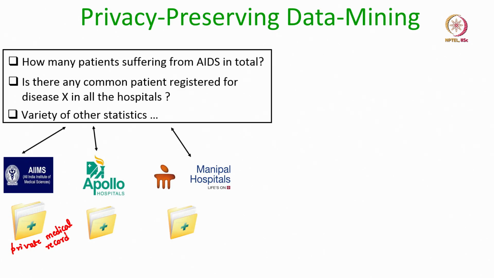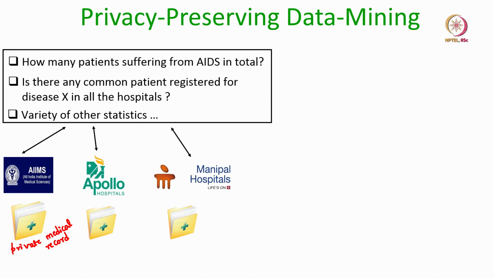Namely the patient database, and medical database is a very sensitive information. It cannot be disclosed in public domain. There are various legal implications if any hospital tries to do that, but there might be a scenario where all the hospitals would like to run a protocol to perform some kind of data mining operation across the databases of all the hospitals.